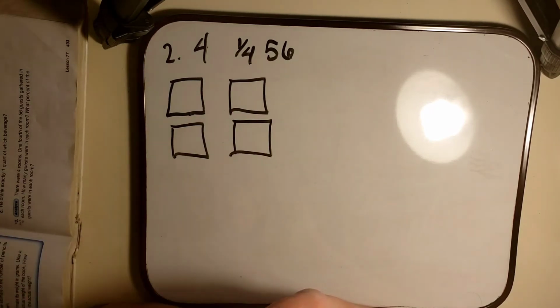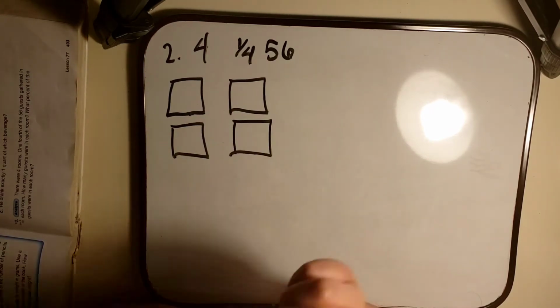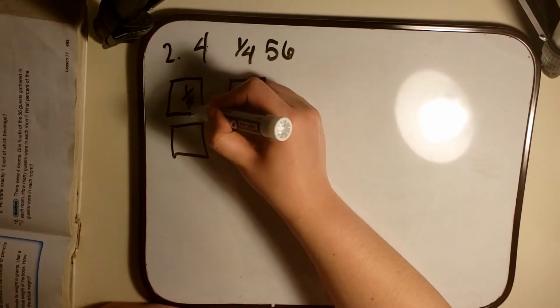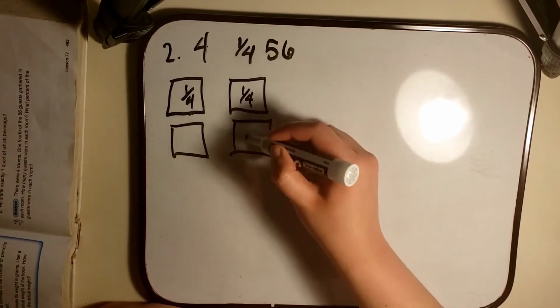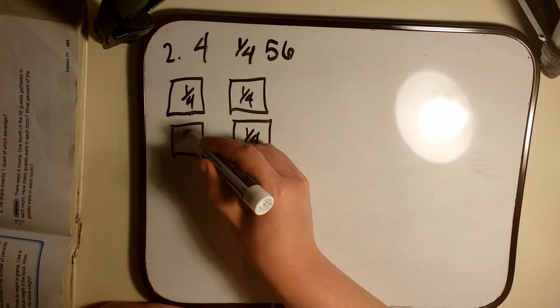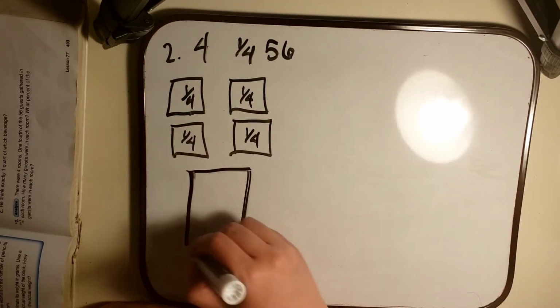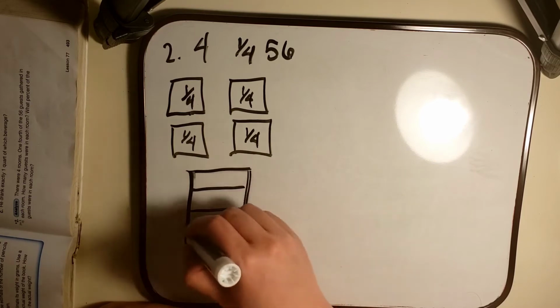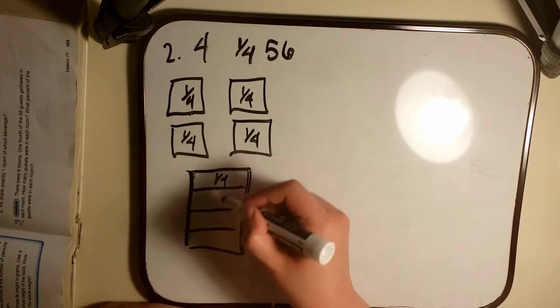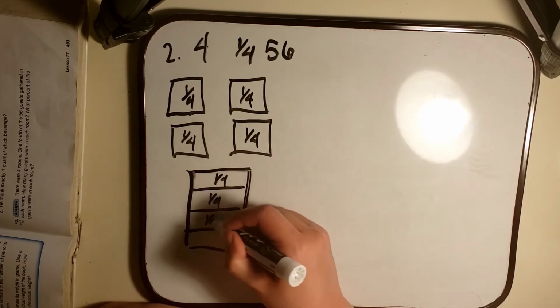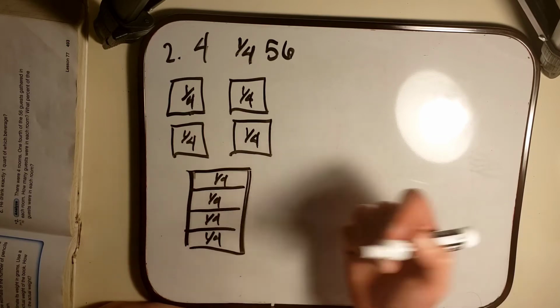And it says 1/4 of the guests gathered in each room. So 1/4, 1/4, 1/4, 1/4. Another way we're used to seeing this is like this. These are our rooms. 1/4, 1/4, 1/4, 1/4.